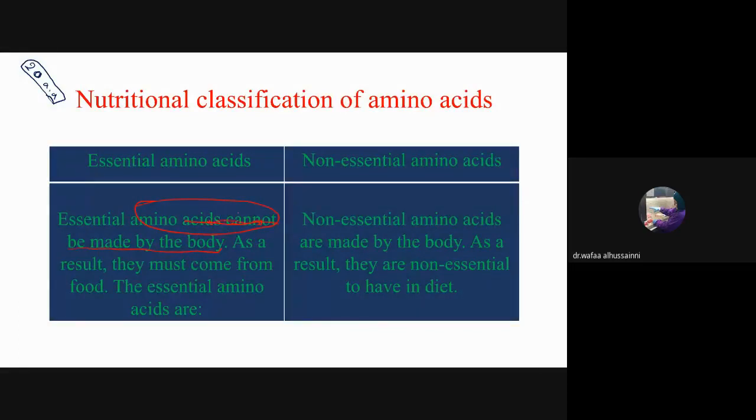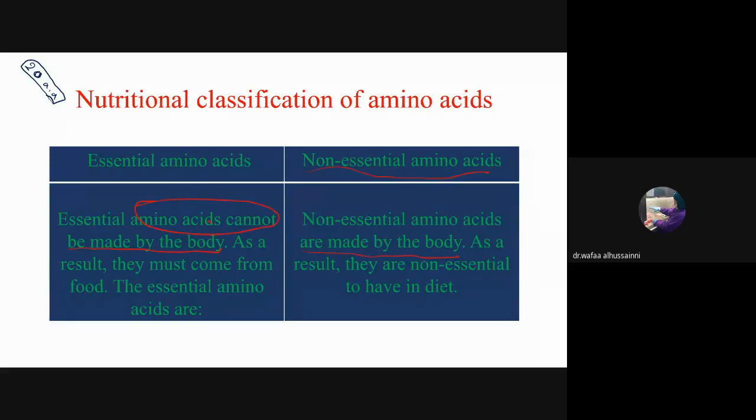They cannot be made by our system, and so we need to have them taken from our diet. So these are called essential amino acids. The other type is non-essential amino acids, and these are made by our body, and as a result, we don't need them in our diet.